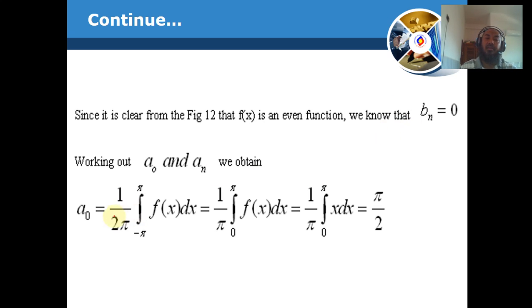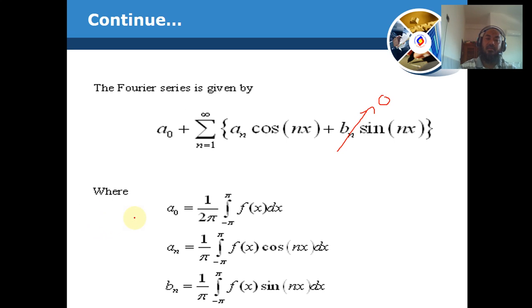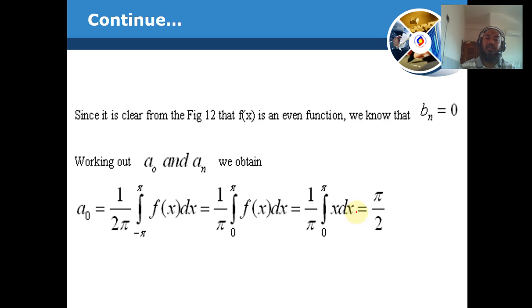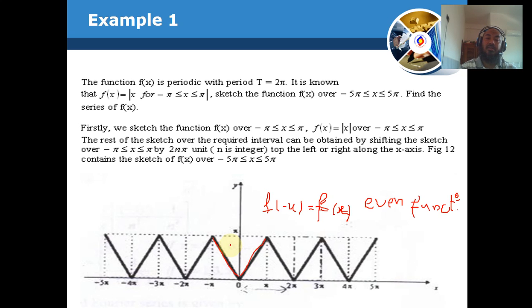We obtain a0 equal to 1 over 2π of the integral of f(x). From -π to π, we take only one side because they are the same.